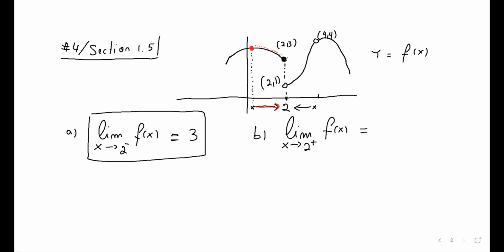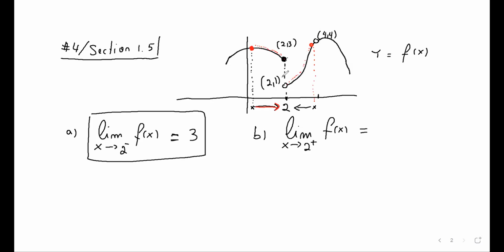So there was an answer. Somebody said 1. Okay, why is it 1? Yes, indeed, it is 1. So let's color that again with red. So here's where my point is. When x is here on the right, my point is somewhere on the graph here, and I'm going down like this as I'm sliding towards 2 with x. This point on the graph slides and goes closer and closer to this one here at (2, 1).